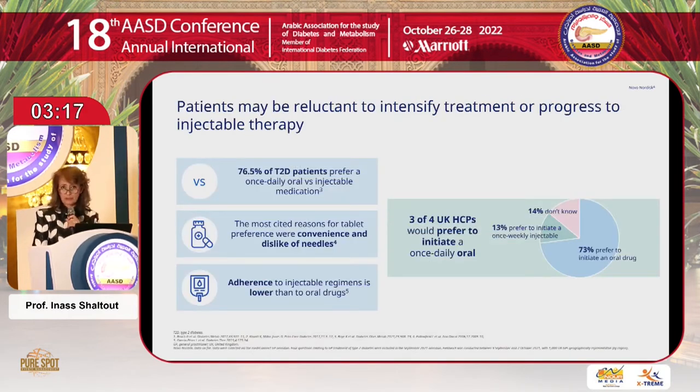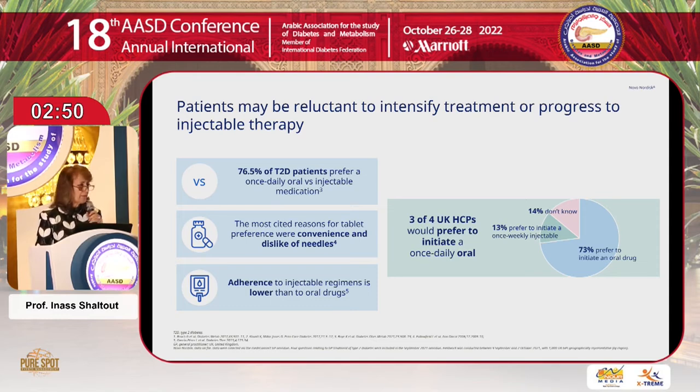Patients may be reluctant to intensify treatment. We have this difficulty in our clinics when we tell the patient that we have to give him an injection, whether insulin or non-insulin injection. The patient may not feel comfortable. He may escape for a few months and then come to you again with worse diabetes control.